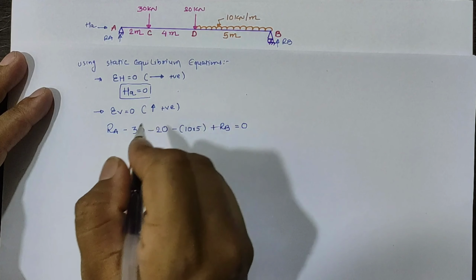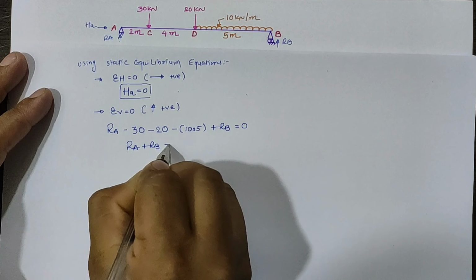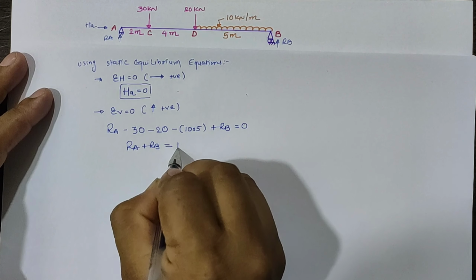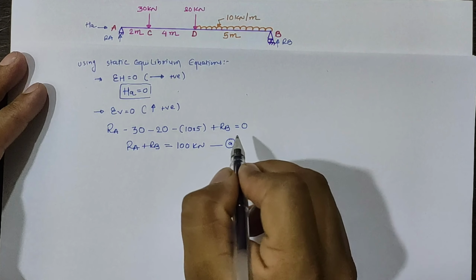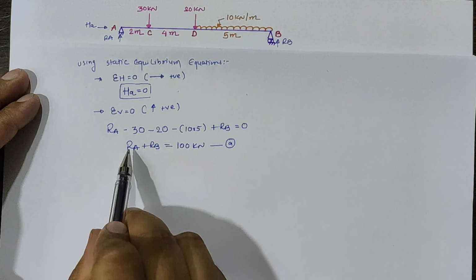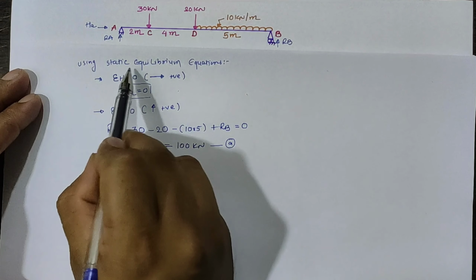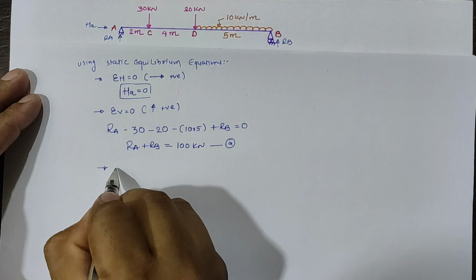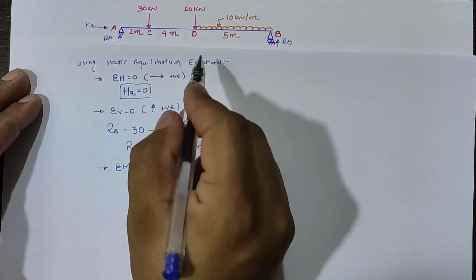So from this equation we have RA plus RB equal to 100 kilonewton, and it is equation number 1. Here two unknowns are there, so we require one more equation, which is the third static equilibrium condition: sigma moment at any point on the beam is 0.